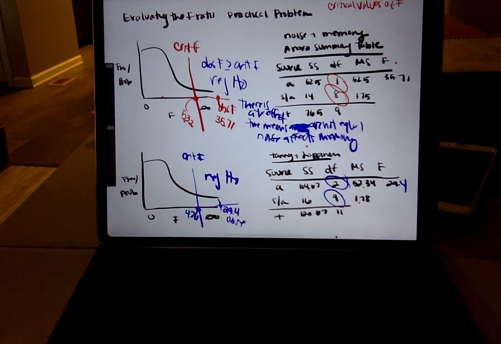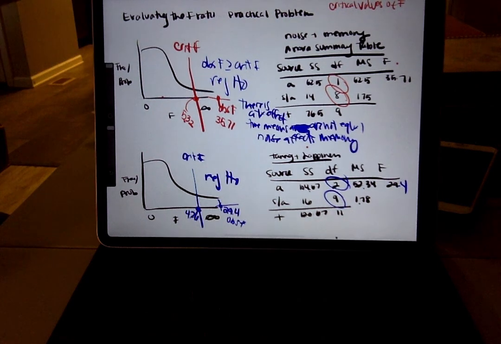So what do you do when it's not on the chart? Here I'm going to move my computer. All right, so here we are on the third page. Let's say our degrees of freedom for our denominator was 67, which is not on the chart. If you look on page 260, you'll see 67 is not on the chart. We've got a 65 and we have a 70.